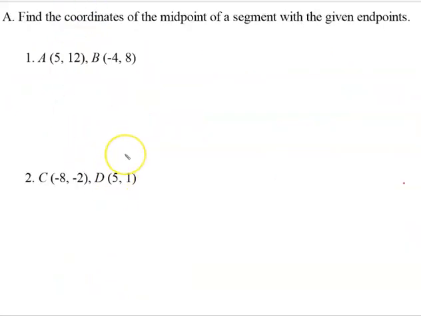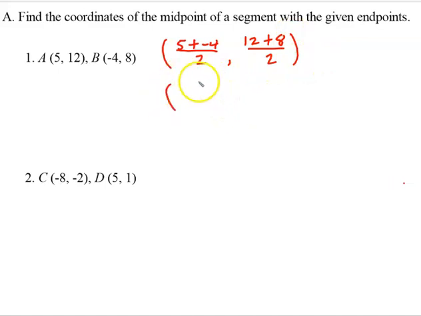So we'll take a look at some of these examples. Here are 2 points we're told that are coordinates on the coordinate plane. These are end points. So what is the midpoint? So to find the midpoint, we take the 2 x coordinates, 5 and -4, add them together, divide by 2, and then we take the 2 y coordinates, 12 and 8, add those together and divide by 2.